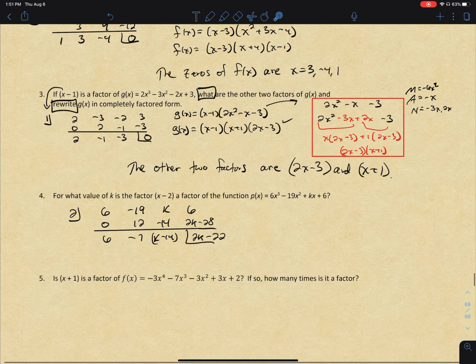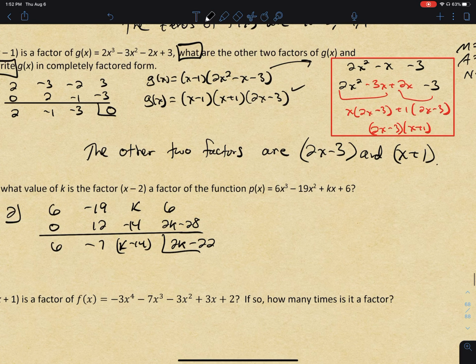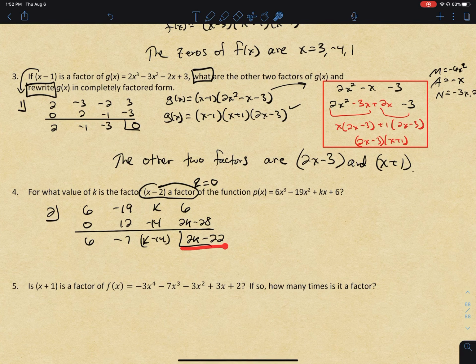So let's reread the question. For what value of k is this a factor? If this is a factor, what this is implying is that the remainder is 0. So 2k minus 22 has to be a remainder of 0. So that means that 2k minus 22 should equal 0.